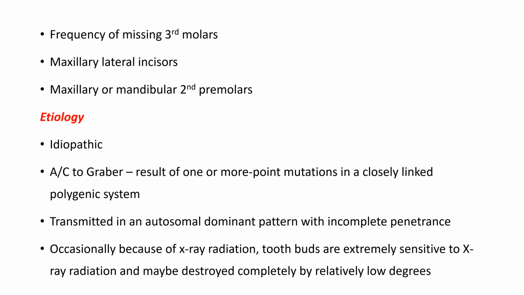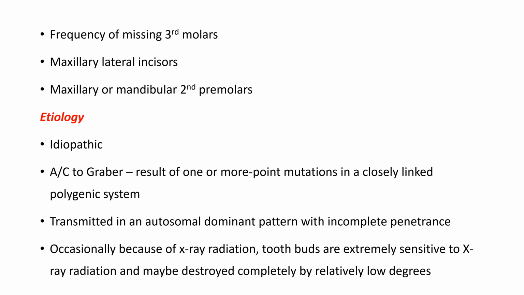Maxillary lateral incisors and maxillary or mandibular second premolars are commonly missing, often bilaterally. In severe partial anodontia, congenitally missing deciduous teeth are uncommon, but when it occurs, it usually involves a maxillary lateral incisor.